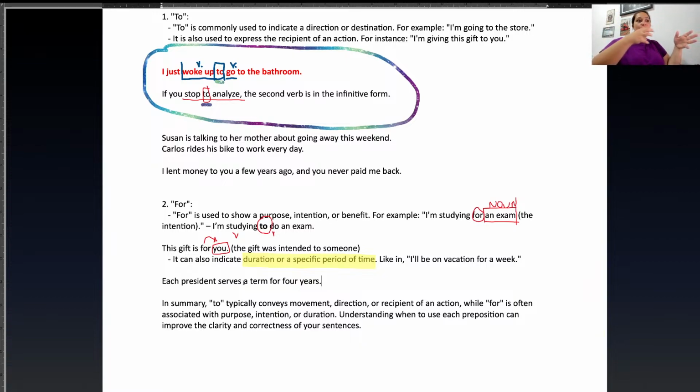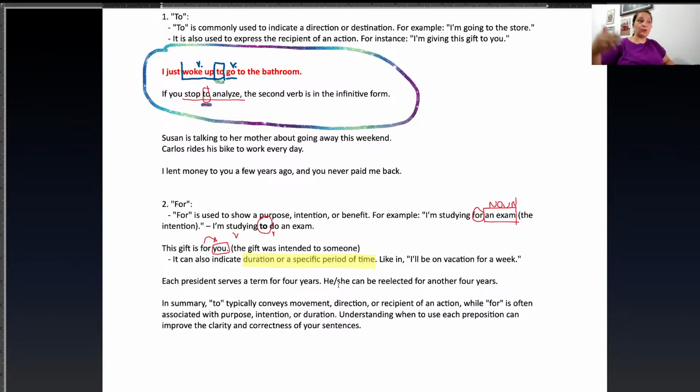Né? So he can renew for another, that he can be re-elected for another 4 years. He, she can be re-elected for another 4 years. Ok? Então, por 4 anos.